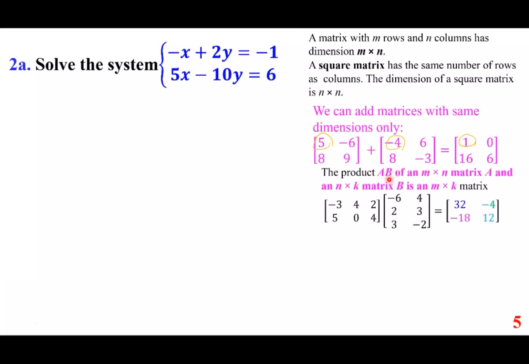The product A times B of an m by n matrix A and an n by k matrix B is an m by k matrix. So you can only multiply two matrices if the number of columns of the first one is the same as the number of rows of the second one. So look at this one.